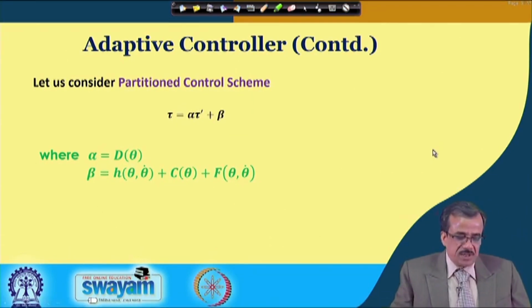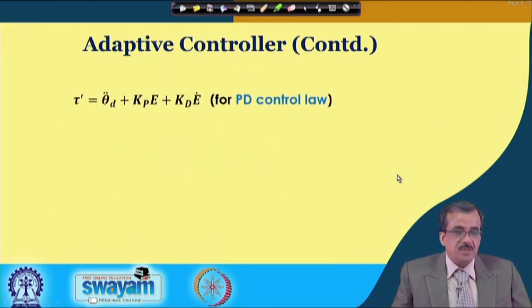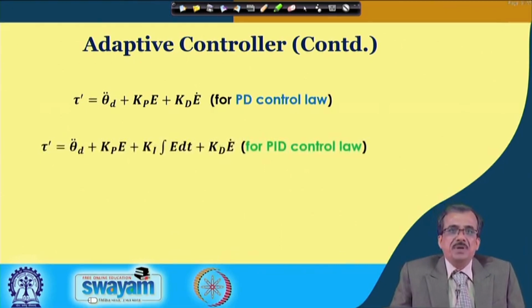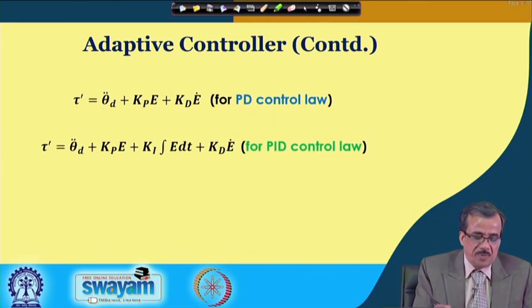Now, let us try to concentrate on the control scheme, like how to develop or implement that particular tau prime.